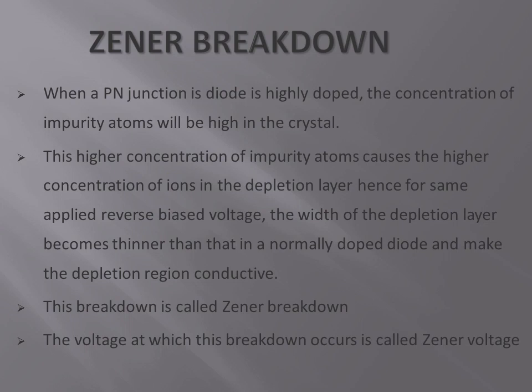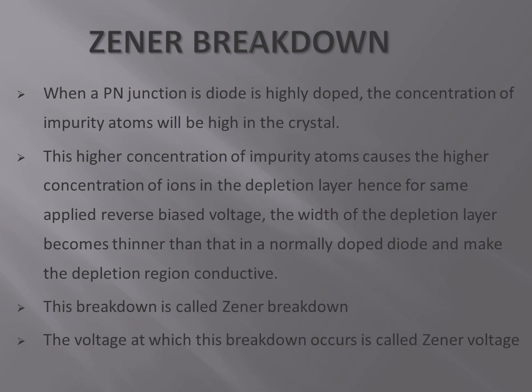This high concentration of impurity ions causes a higher concentration of ions in the depletion layer. Due to this very high doping, the ion concentration in the depletion layer increases under the applied reverse bias voltage, and as a result the width of the depletion layer becomes thin compared to a normally doped diode.